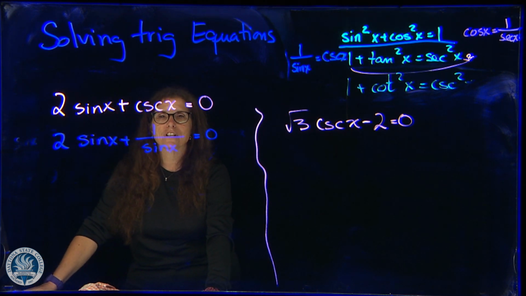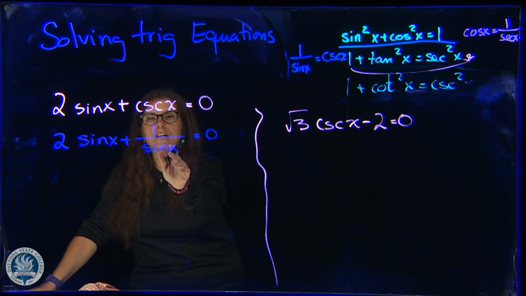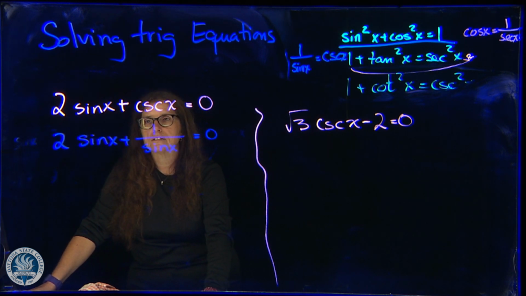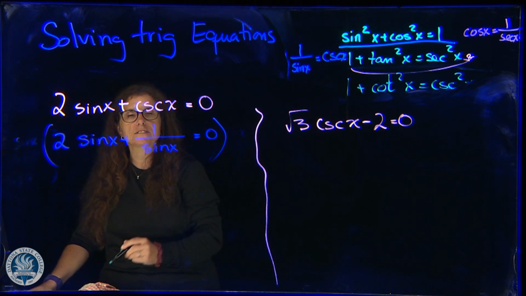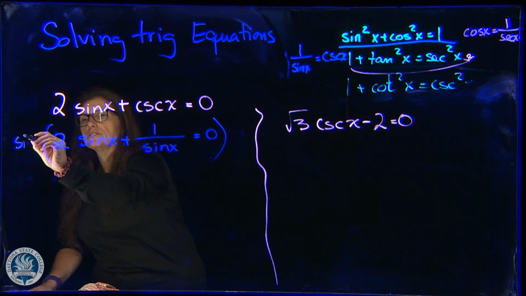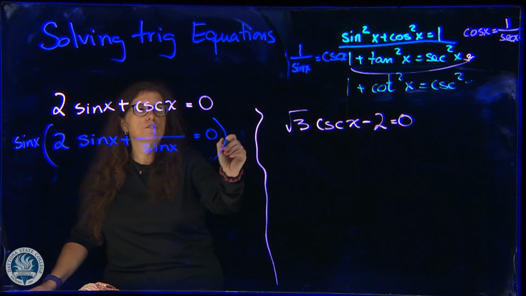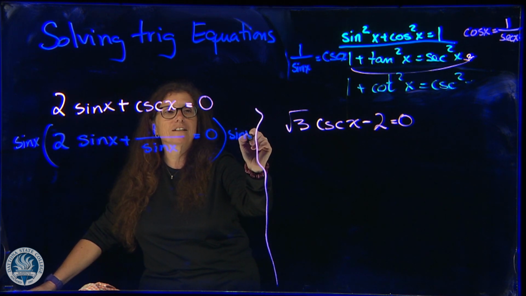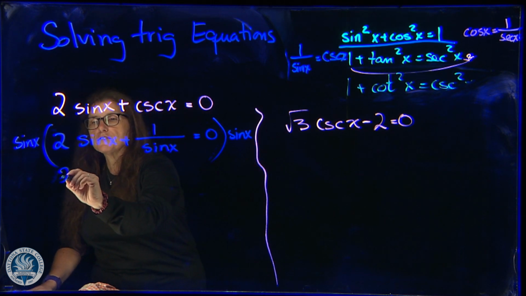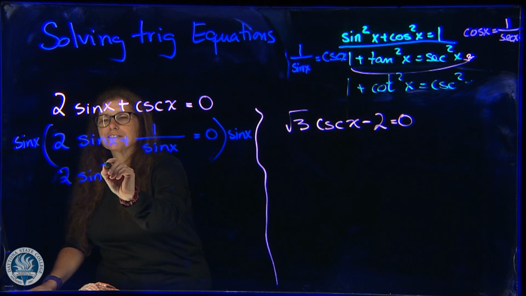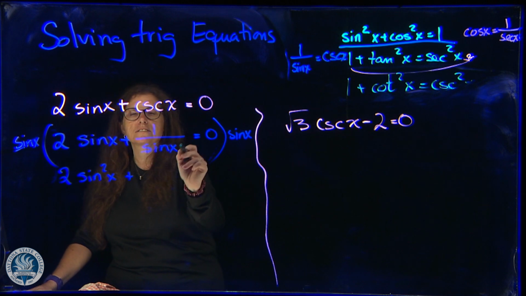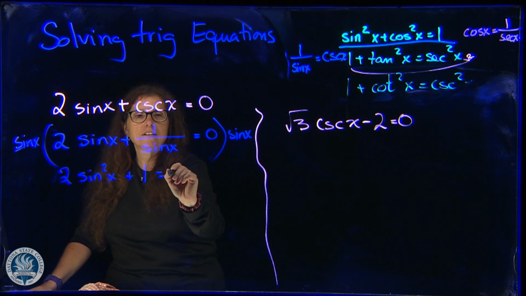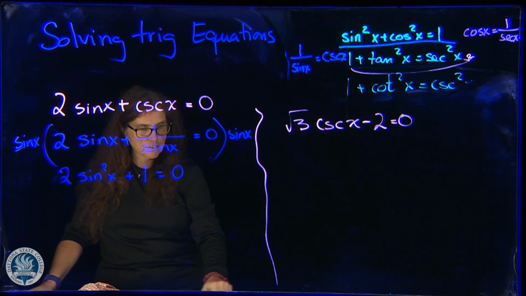Now, just with any other equation where we have a denominator, we want to see if we can multiply by the least common denominator and then reduce and see what happens. So I'm multiplying both sides by the sine of x, which leaves me with 2 sine squared of x plus, you can see that this sine and this sine reduce to 1, equals still 0.